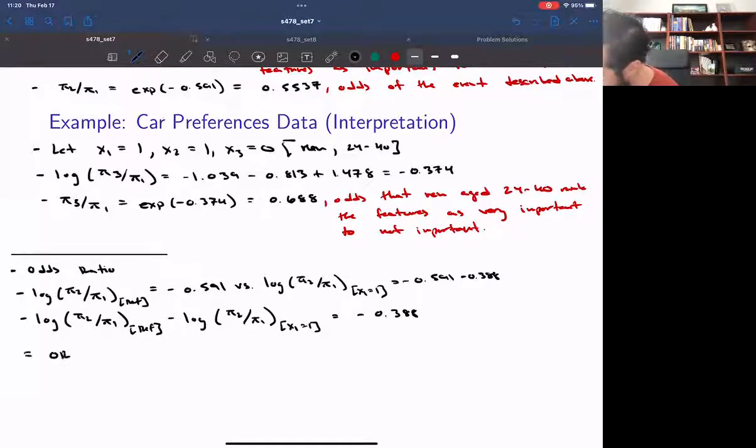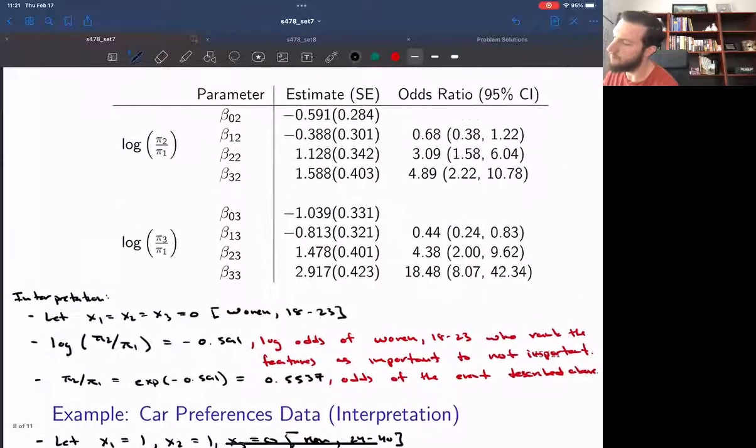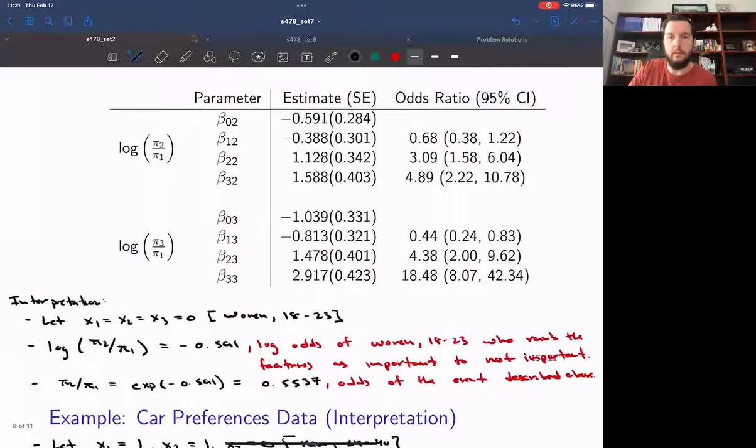So that's the coefficient for B1. Therefore, the odds ratio for x1 equal 1 is equal to exp to the negative 0.388, which is equal to 0.68.